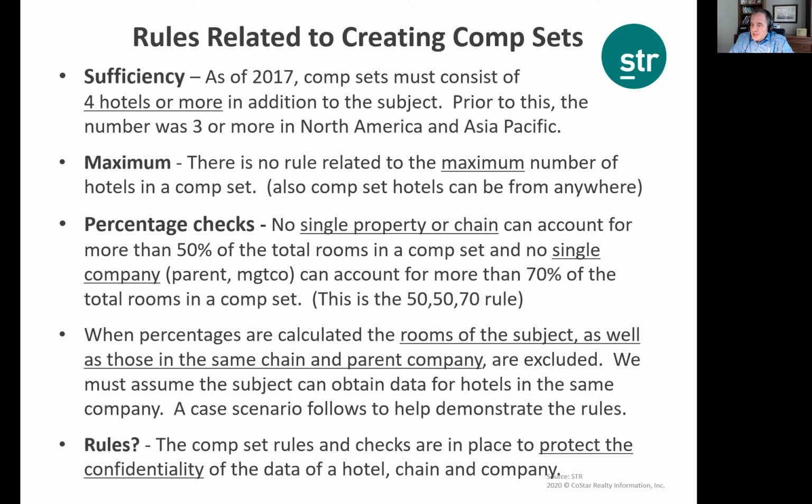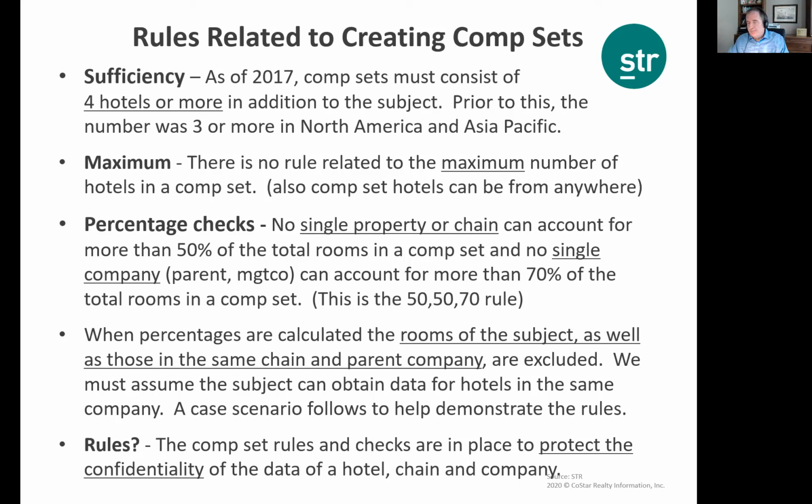When these percentage checks are calculated, the rooms of the subject, as well as any hotels in the same chain or the same parent company as the subject, are excluded. So first of all, when we're doing that math, we take the subject rooms out and we just look at the rooms that are left when we do the math.